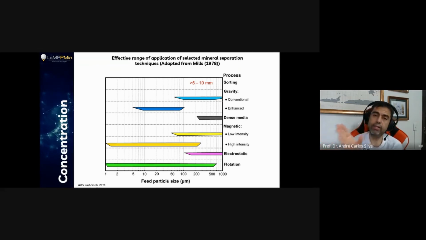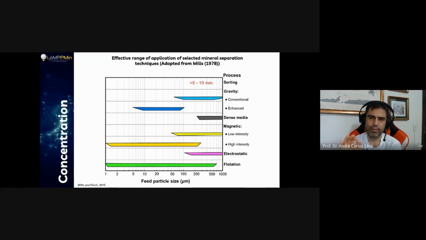High intensity, you can do in smaller particles, as the graphic is showing you. Electrostatic separation, only coarse fractions, okay? In here, it's almost kissing 100 micrometers. Don't go down to 100.